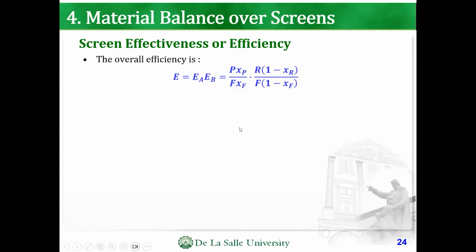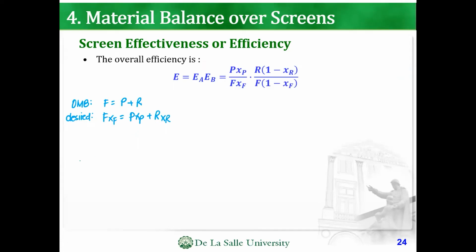So let's just try. If we have an overall material balance of F is equal to product plus reject, and then the component balance, F XF is equal to P XP plus R XR.